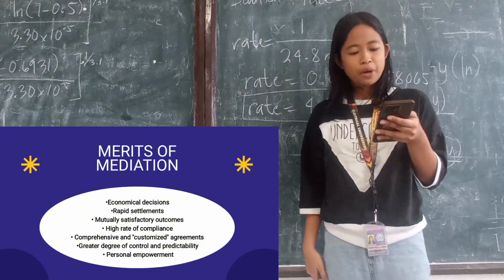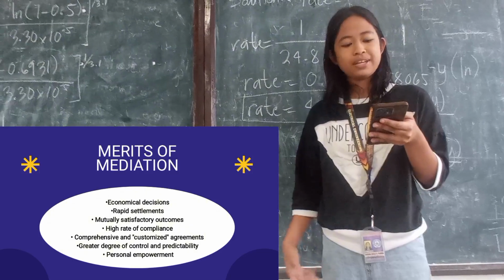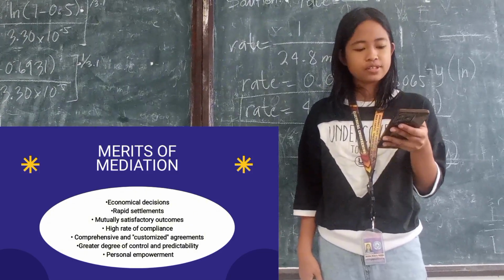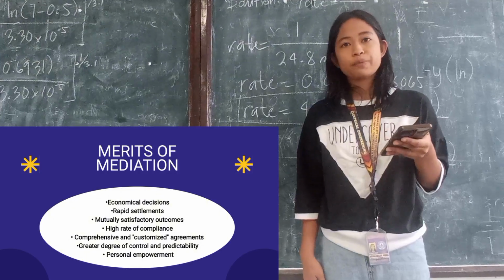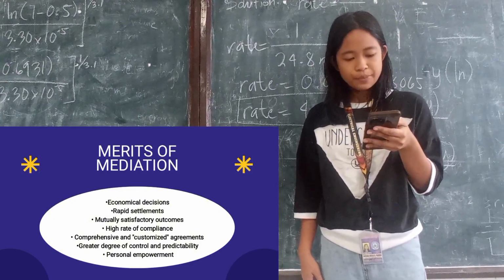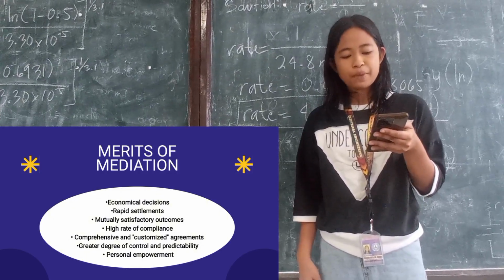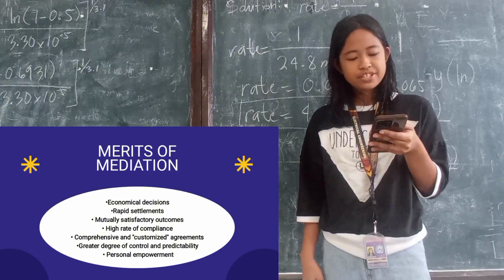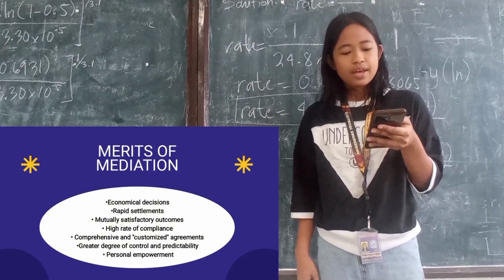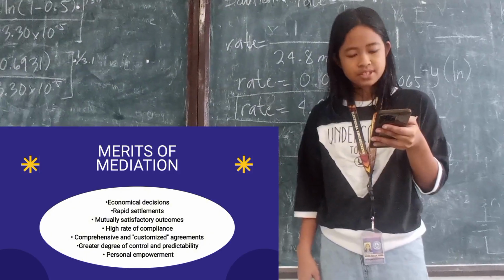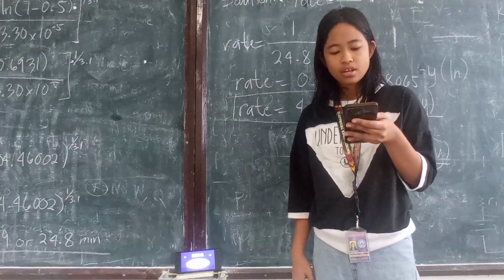Greater control and predictability. The mediation process allows the parties to have more control over the outcome, making it more predictable. Number 7. Personal empowerment. Mediation gives the individuals involved a chance to speak up and have their perspectives heard.